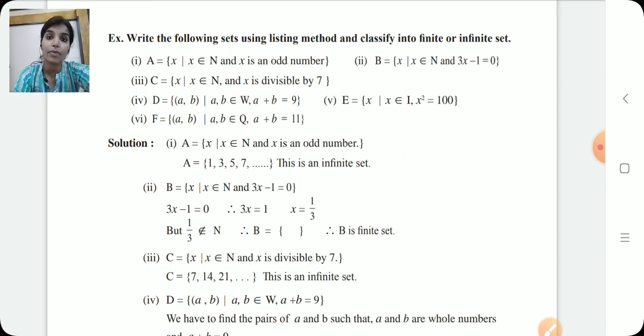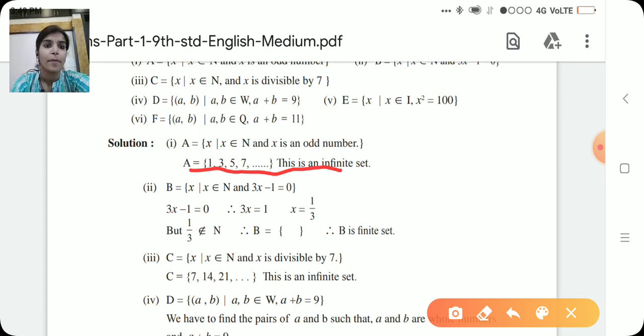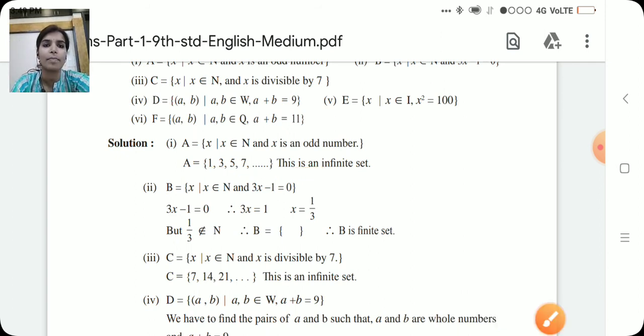From that we select only odd numbers. So our answer is A = {1, 3, 5, 7, ...}. There is no limit, so this set is an infinite set. Understand?